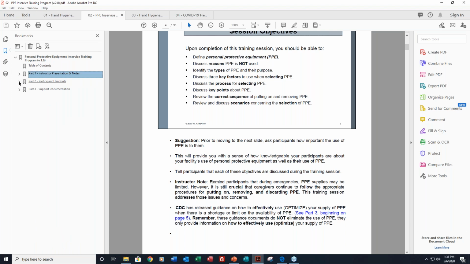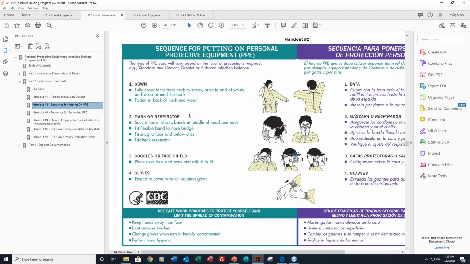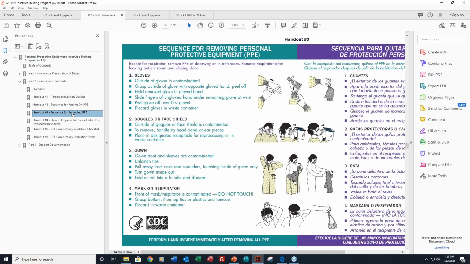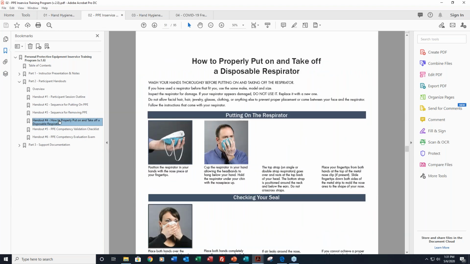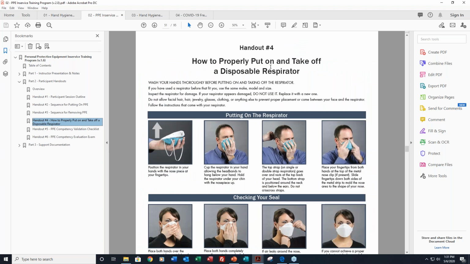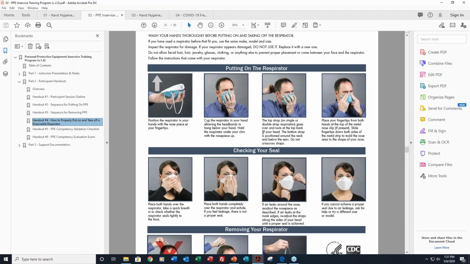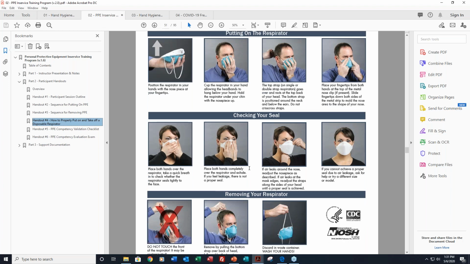It has some really good handouts that you can take, print, and post. These are actual CDC documents, very good documents. There is one here on how to properly put on and take off a disposable respirator. That's a really neat handout that you can post.